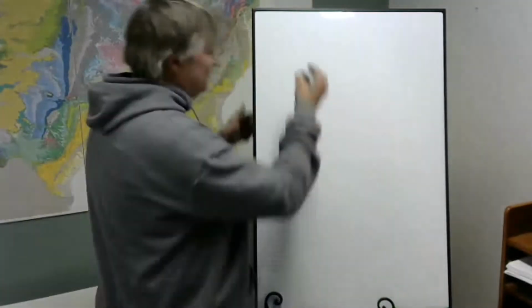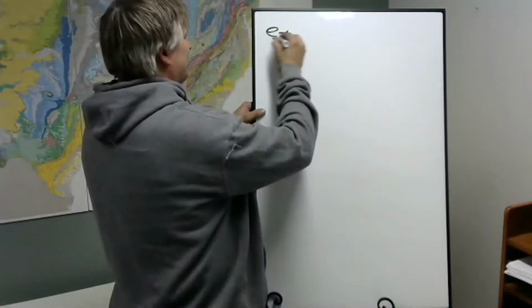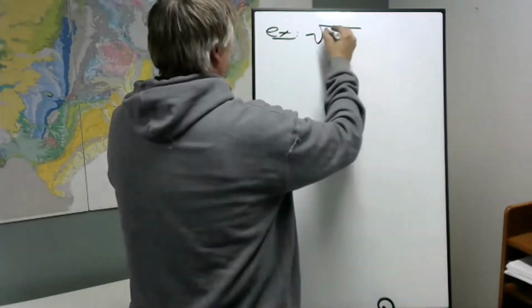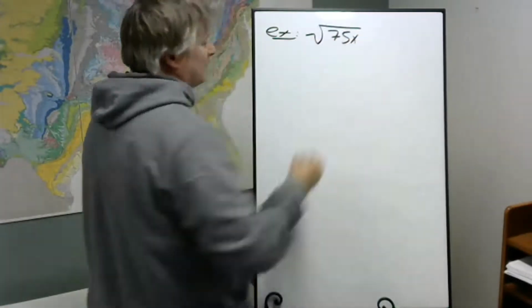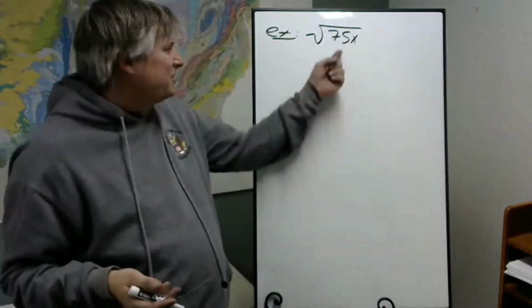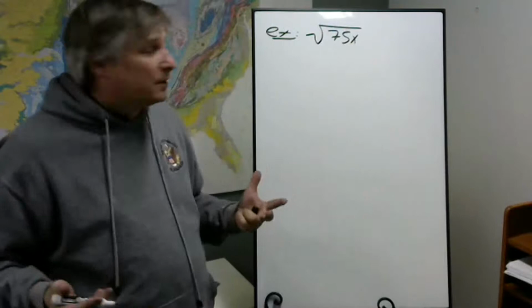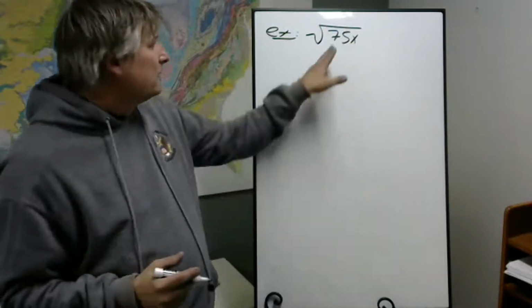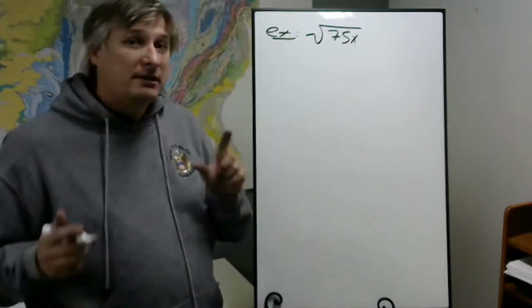So let's say we have this. Well, let's break this down and try to see if we can break it down in terms of a number that has a square root. And we can, actually. 3 times 25 is 75.